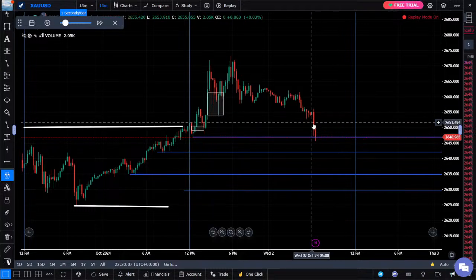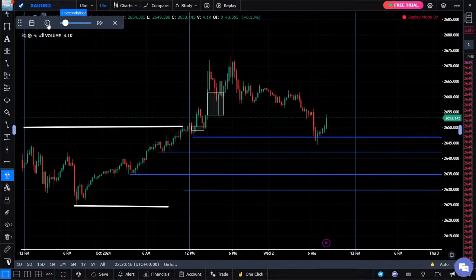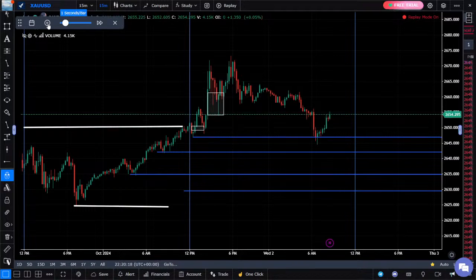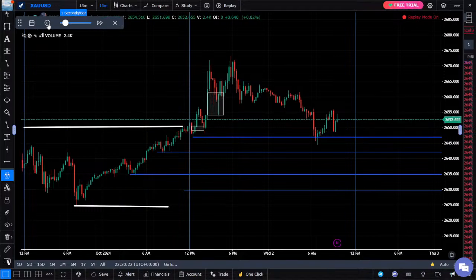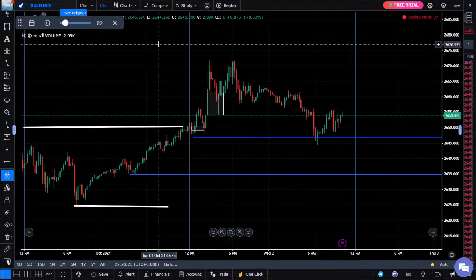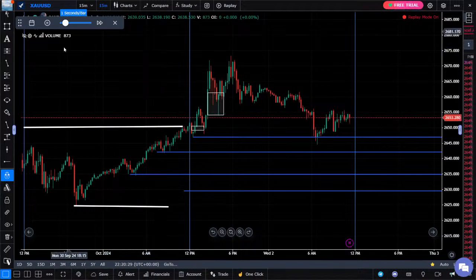Okay, there's one fair value gap. Yeah, I think actually that's a fair value gap.